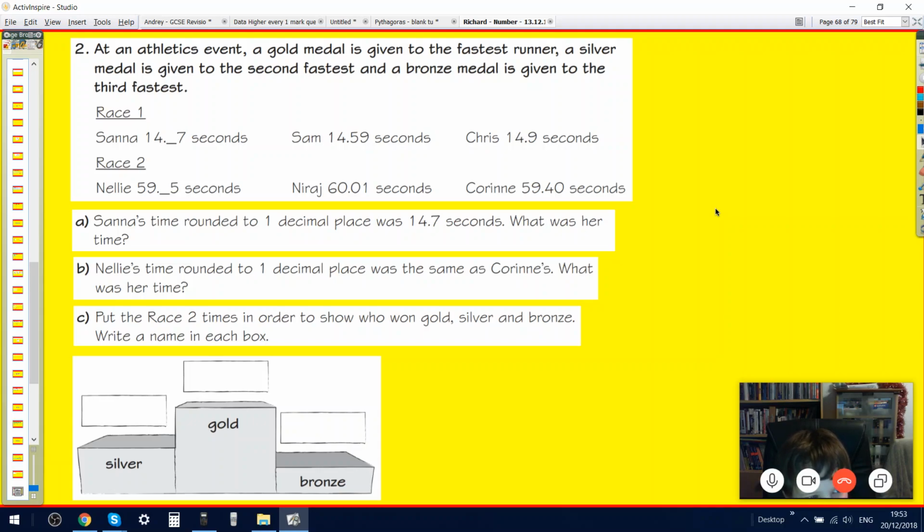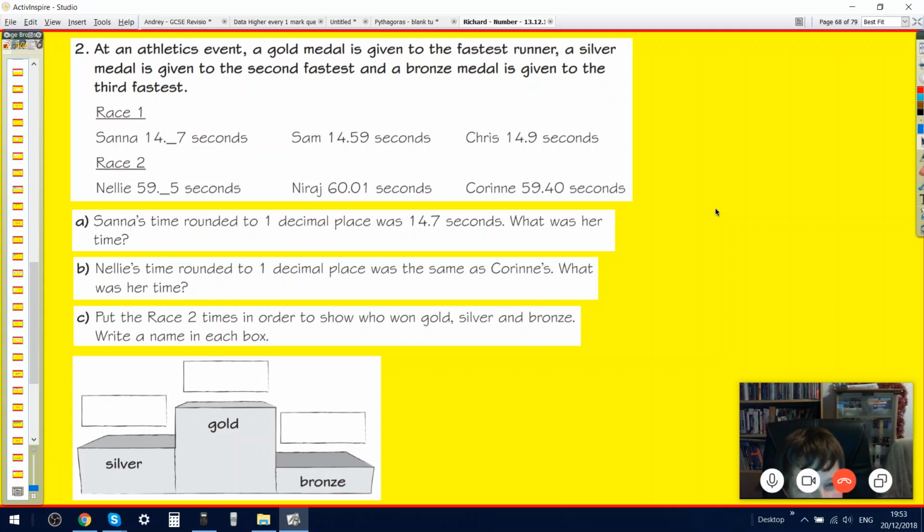Well, it has to round. What would it have to round to? 40. It has to round to something that is less than Niraj's time because she was faster than Niraj.